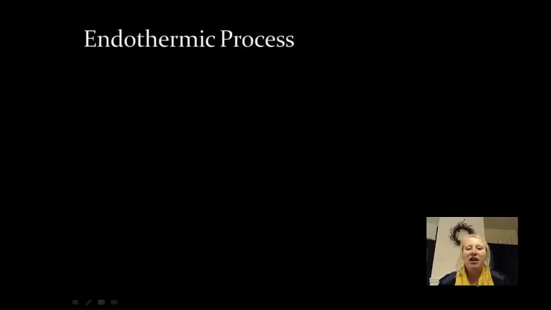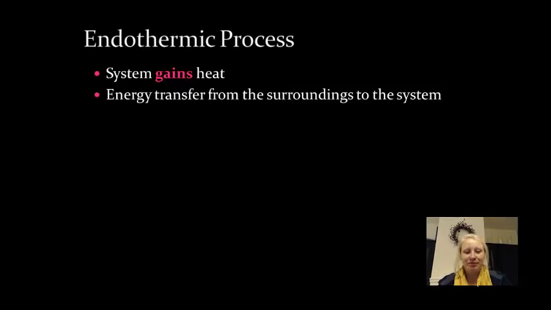Endothermic reactions are the opposite. In an endothermic reaction, the system is gaining heat, or heat is entering the system, entering, endo. So the energy is being transferred from the surroundings to the system, and as the energy increases, the delta H is positive.